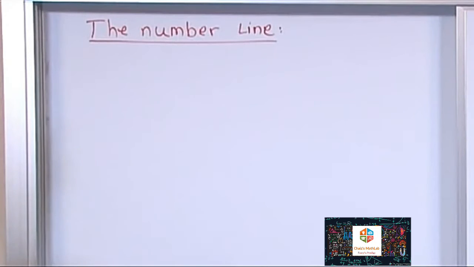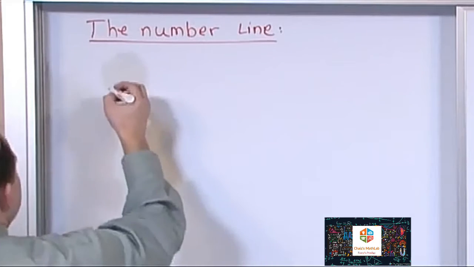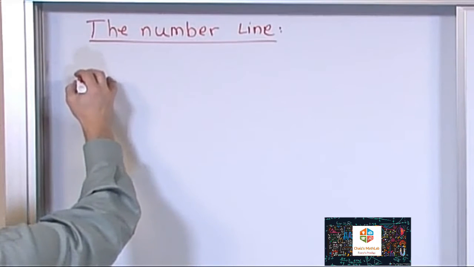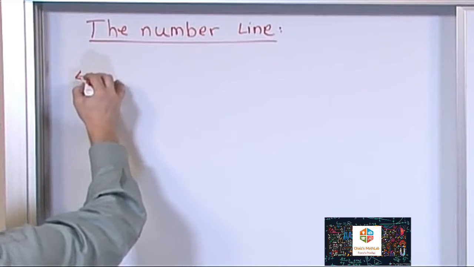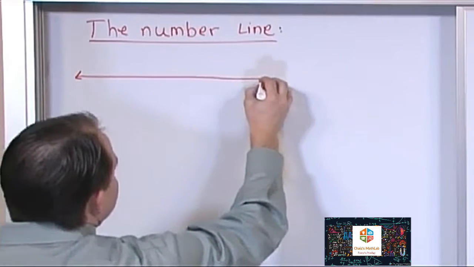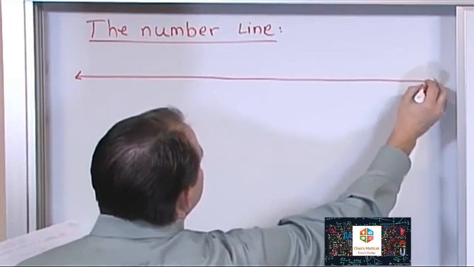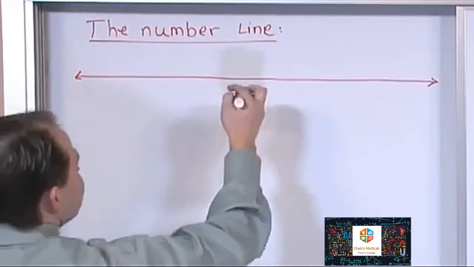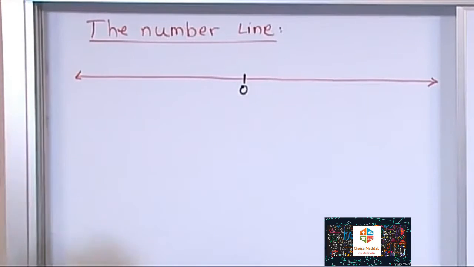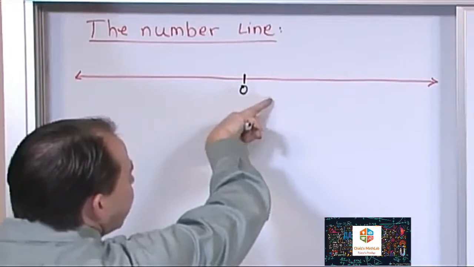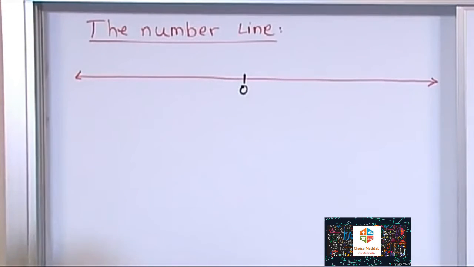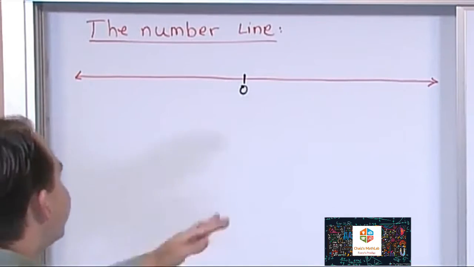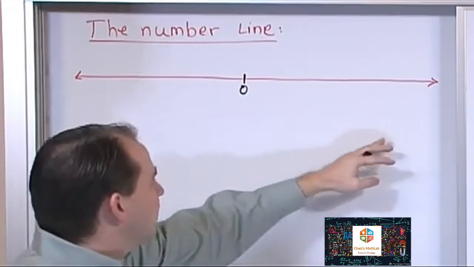We can represent numbers on a number line, and we've already drawn one. Let's draw another one. We're going to draw an arrow at one end and try to draw a line as straight as I can, which I know is not perfectly straight. And in the center of this number line, you put the number 0. The bottom line is all of the numbers that go to the right are the positive numbers that we've always been dealing with all our life. 5 jelly beans, 3 jelly beans, 10 jelly beans, whatever.